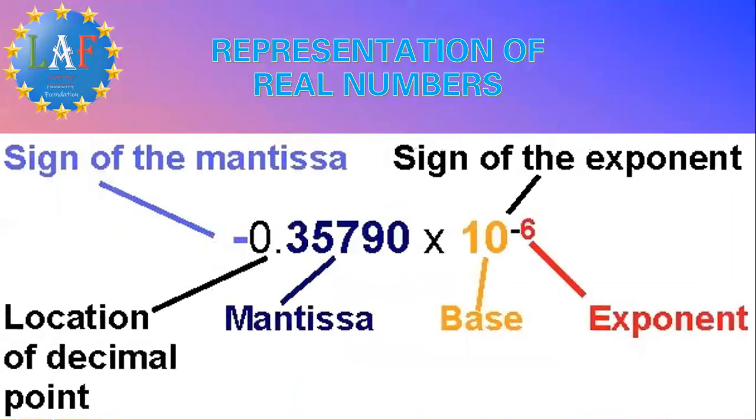How to represent the real numbers? We have the sign of the mantissa that can be negative or positive before the number, and then the decimal point. After the decimal point, there is what is called the mantissa, times the power of the base 10, for example, with a sign of the exponent, in this case negative, and the exponent, in this case 6.